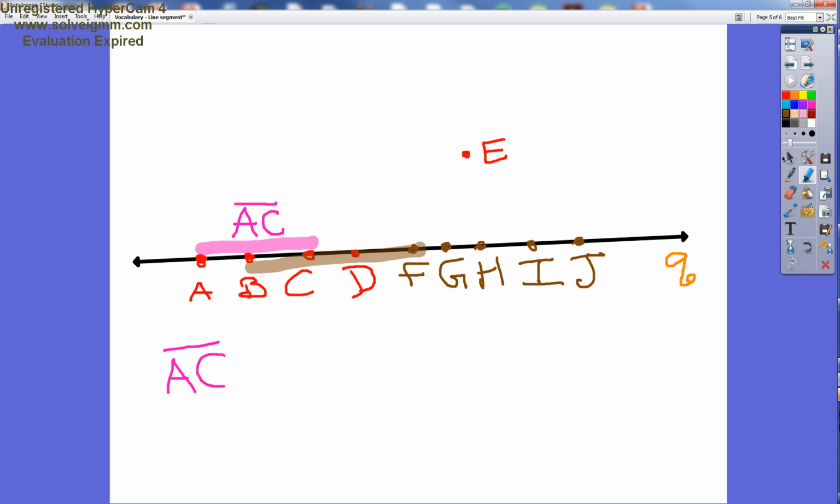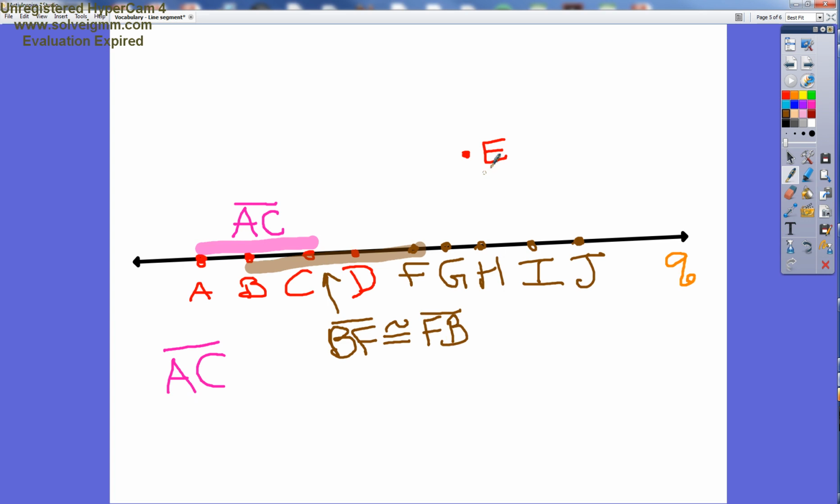That is segment BF, right there. That's what that one is. And again, remember, like I said before, you can also call it, use that symbol again, congruent, FB, and they mean the same thing.